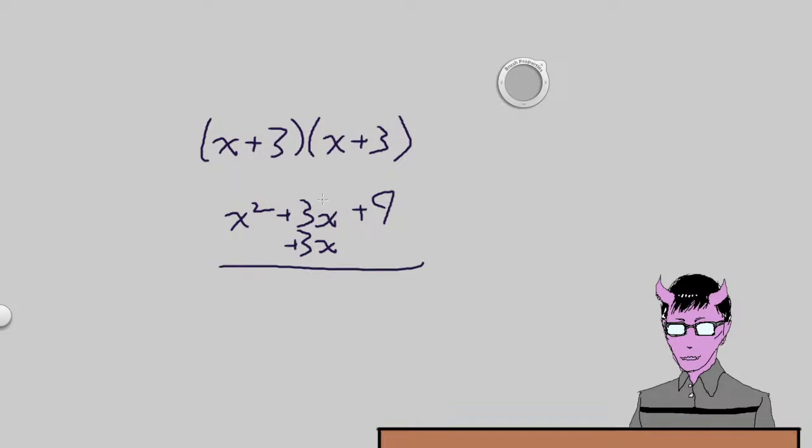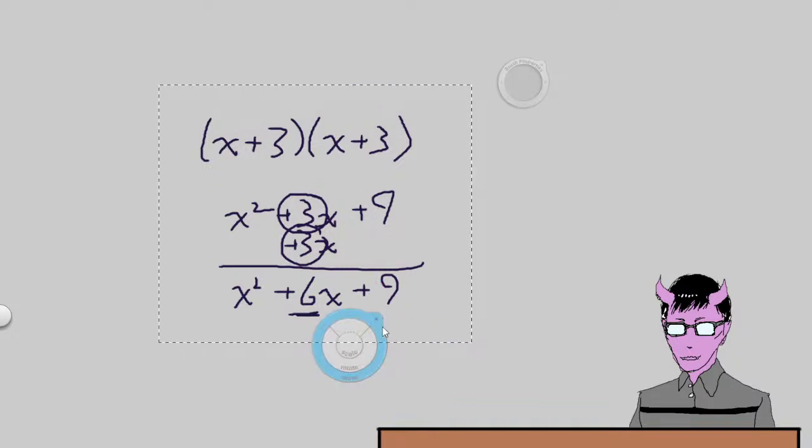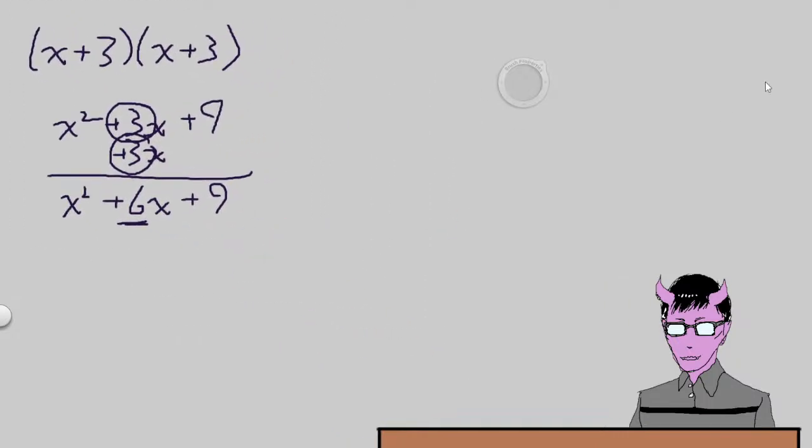So if you summate those, this is coincidentally the same number. Gets us positive 6x, and then the 9 is here. So the middle term comes from the summation of this one and that one. So keep track of that. That's particularly important for the algorithm we're going to learn in a few moments.